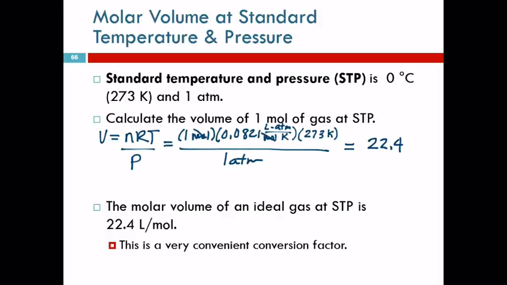The moles cancel out, the atmospheres cancel out, the kelvins cancel out, and that has units of liters. The molar volume of an ideal gas at STP is 22.4 liters per mole. That's the volume of a mole. And this is a very useful conversion factor. I will give you this number on the exam in your useful information section, but you have to remember to go look for it and use it.